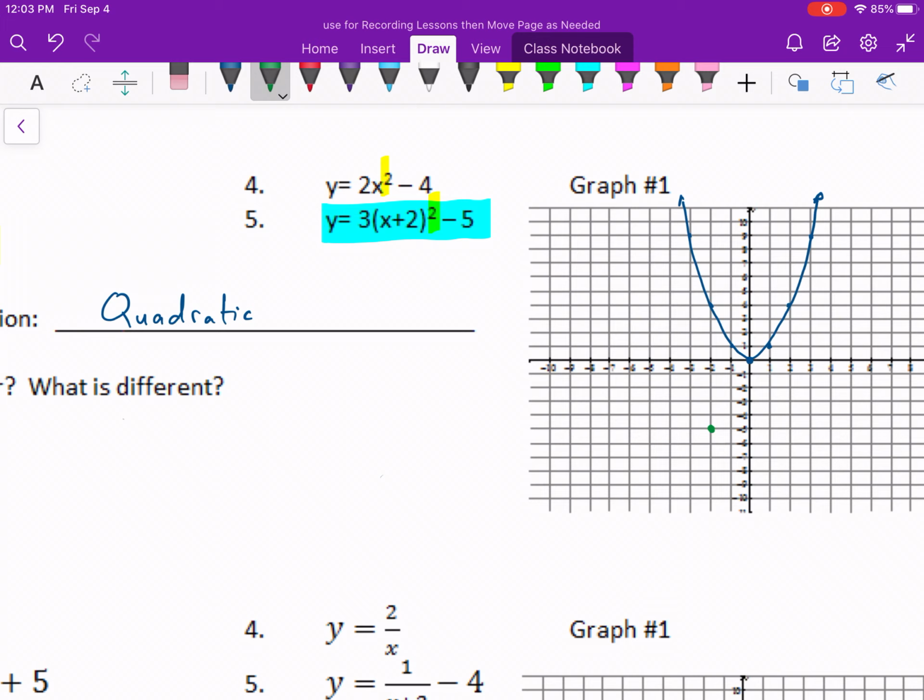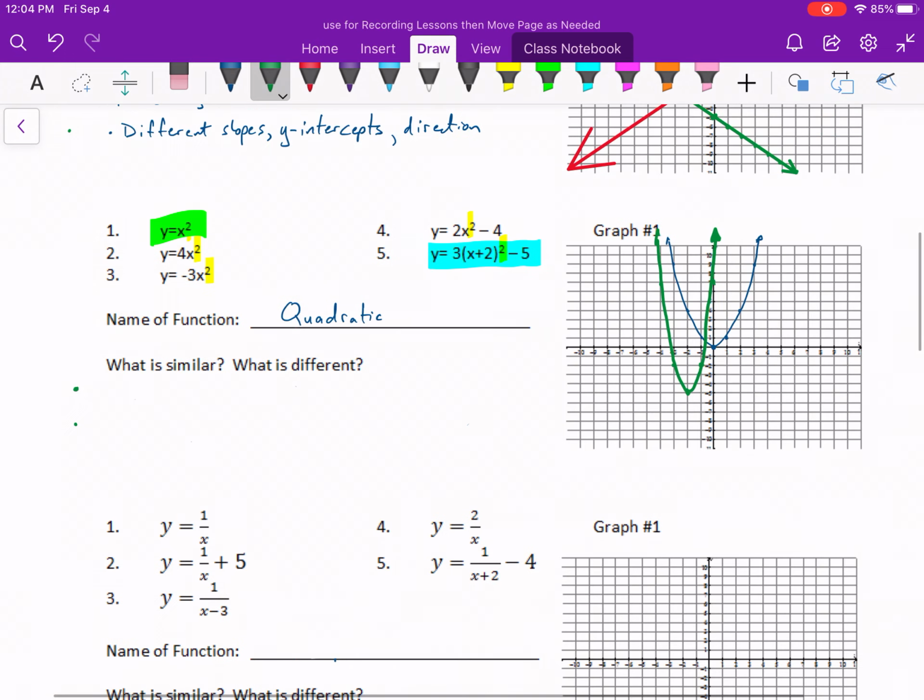So I go over 1, up 3. Then I go over 1, up 9. And then I would go over 1, up 15, but I don't have enough room for that. Again, just connect the dots, and you've got your... I put that one in the wrong spot, didn't I? Let's move that over. Connect the dots, and you've got your nice U parabola shape.